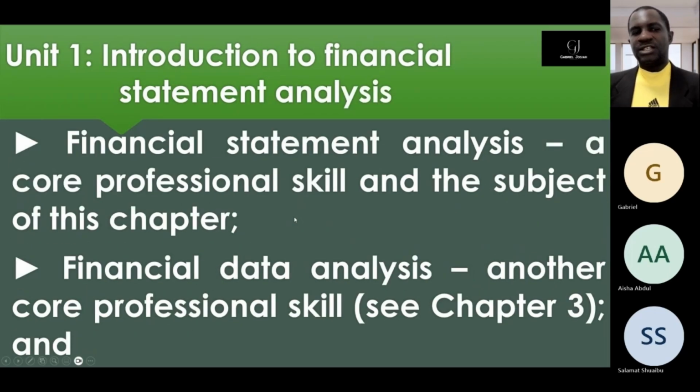So, number one, financial statement analysis is a core professional skill and the subject of this chapter. The analysis and evaluation of financial statements is a needed skill for every chartered accountant, not just for case study exams, but in our day-to-day work. Whether you work in an audit firm, as an accountant in practice, or in the finance department, you need this skill.